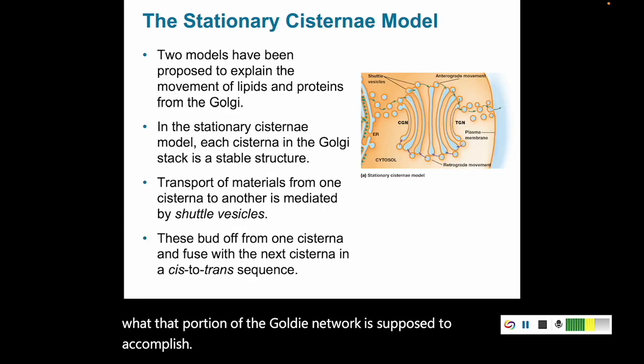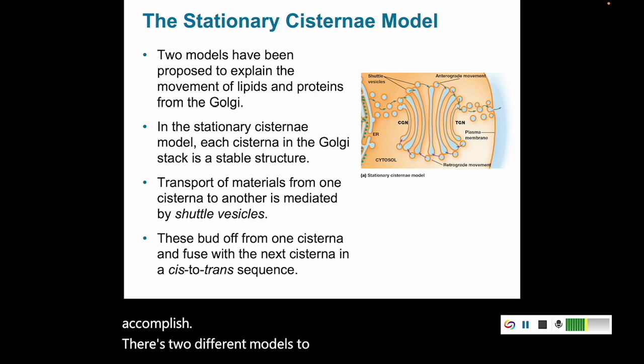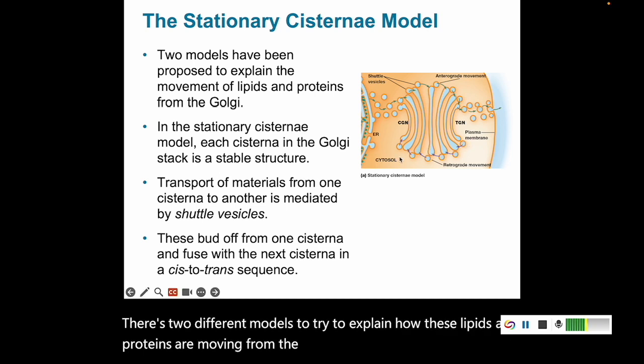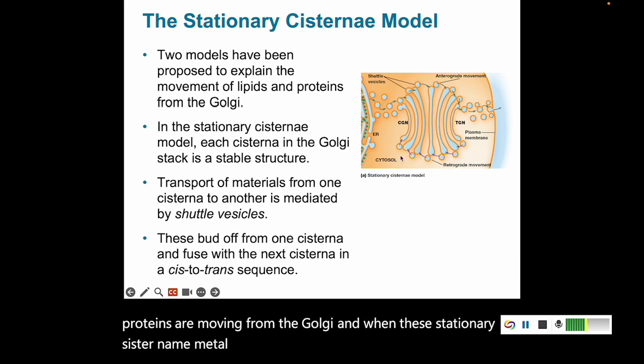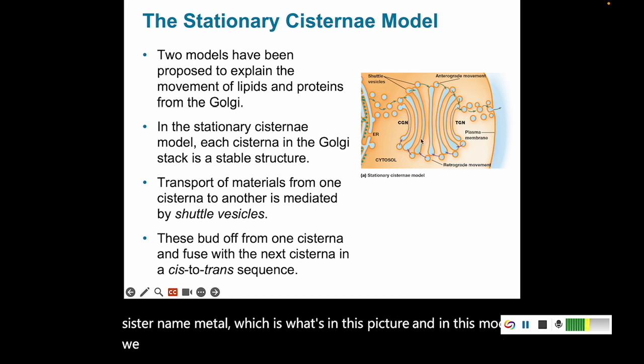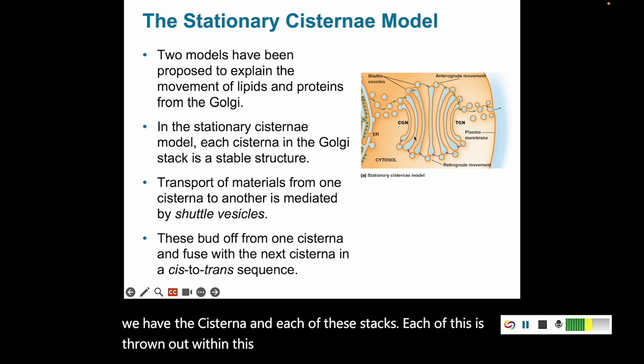There are 2 different models to try to explain how these lipids and proteins are moving through the Golgi. One is the stationary cisternae model, which is what's in this picture. In this model, each of the cisternae within this stack is a stable structure.